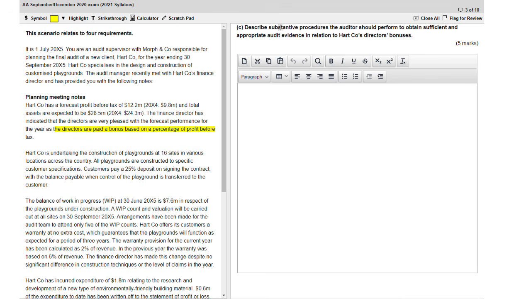So let's start with that one. Start with a verb. So inspect directors' contracts. It might actually be a sample. Don't know how many directors there are, but we'll go for directors.